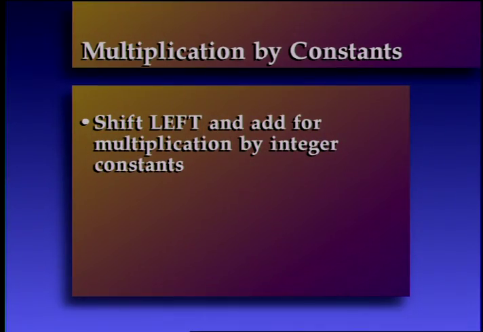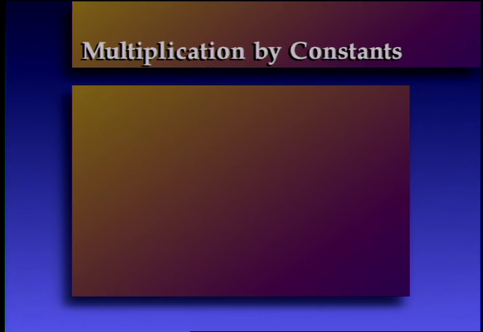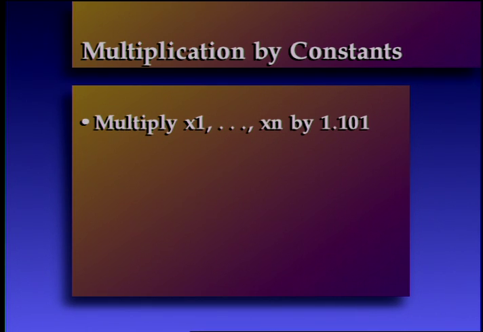But many of the constants found in the video algorithms are fractional constants. Some of them have small integer components as well. It turns out that shift right and add instructions are more efficient and accurate in implementing multiplication by fractional constants. Suppose we wish to multiply a sequence of input data x1, x2 through xn by the binary fraction 1.101.